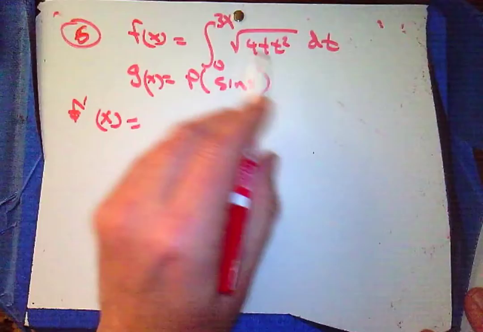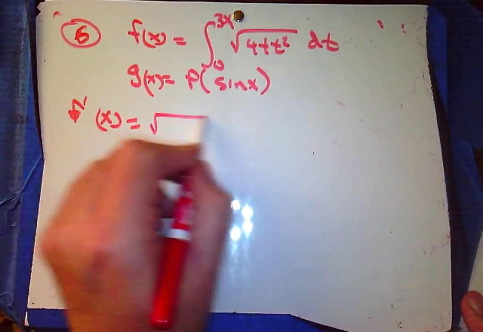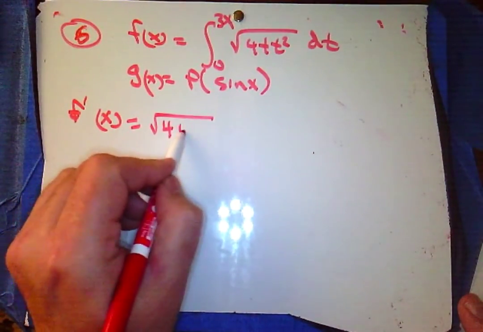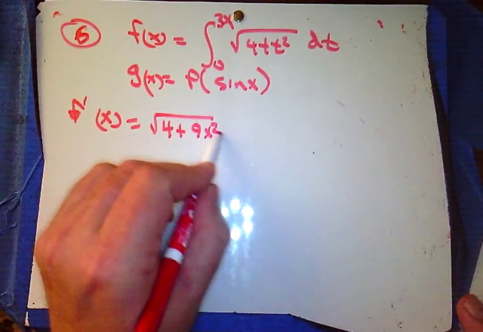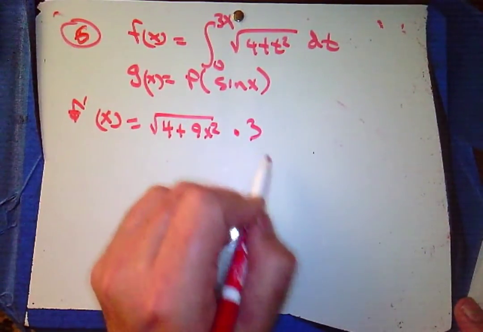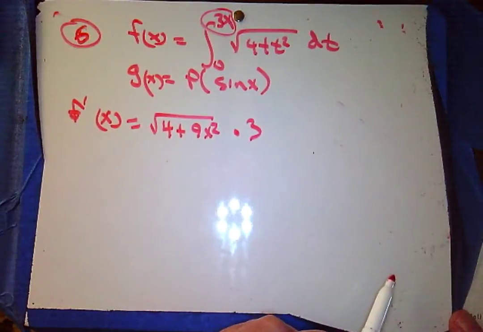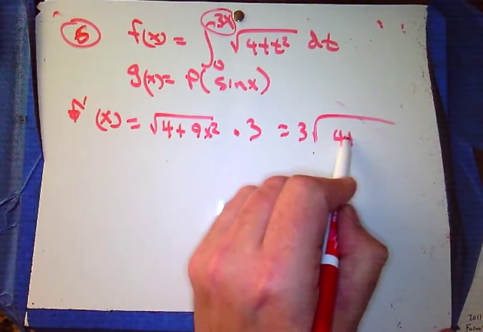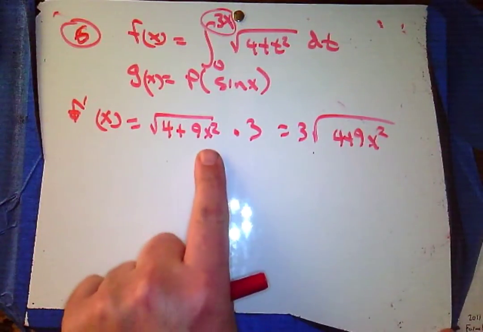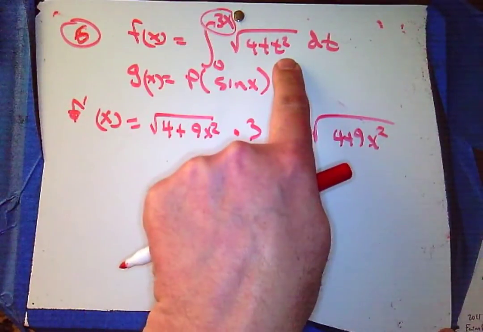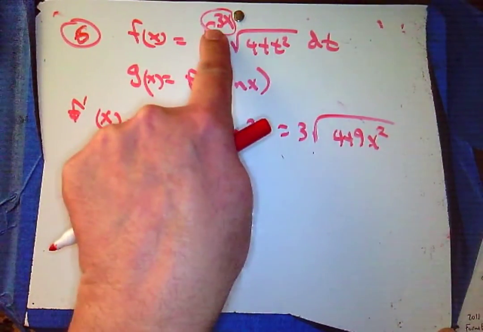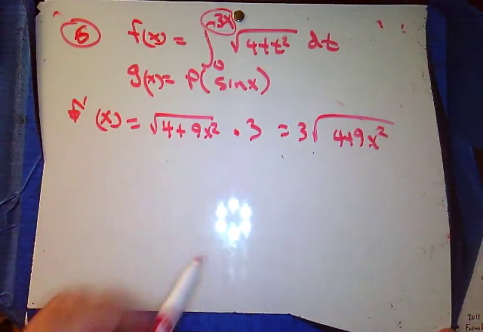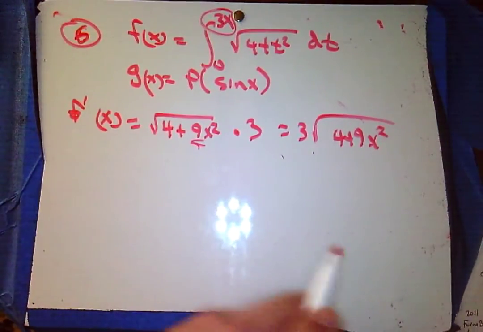Okay, so when I take the derivative of that integral, I get the square root of 4 plus 9x squared times the derivative of that inside function, so times 3. 3 square root 4 plus 9x squared. Make sure you square that 3x, not just the x, but the 3 as well. That's why I have 9x squared there.